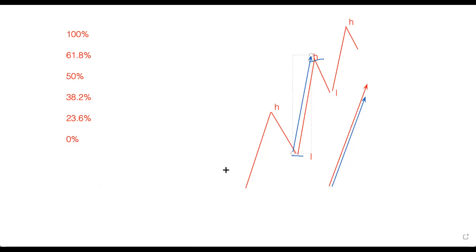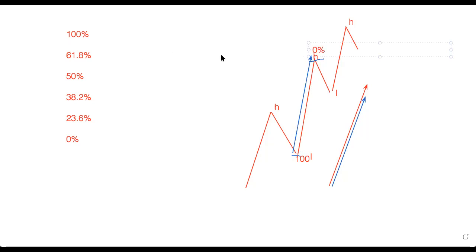Now, when we place our Fibonacci, guys, our 100 should be here, and our 0 should be at the high in case of an uptrend. This will be our 0%.